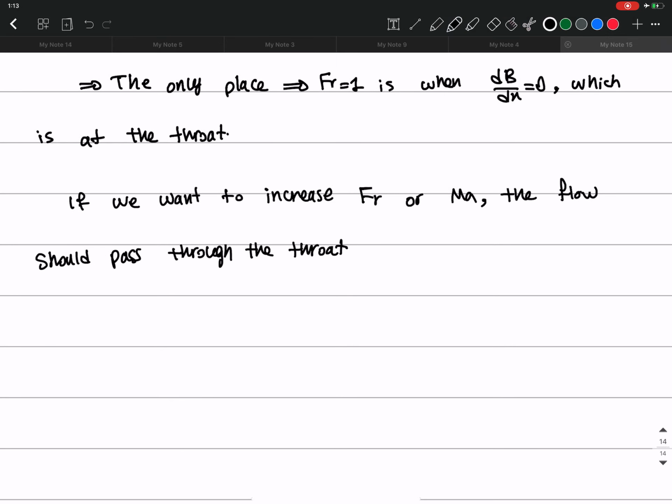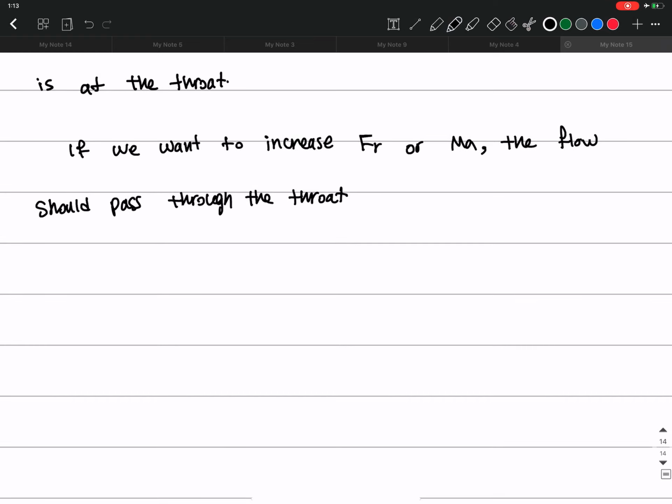But if we want to increase Froude number, say here, so we have this kind of channel where, okay, say we have a subcritical flow, Froude number smaller than 1, or similarly even Mach number, you can talk about it.